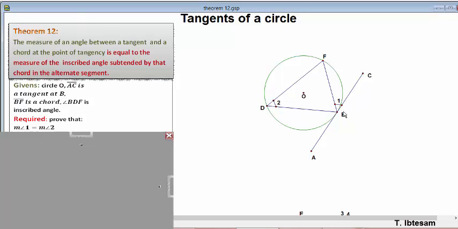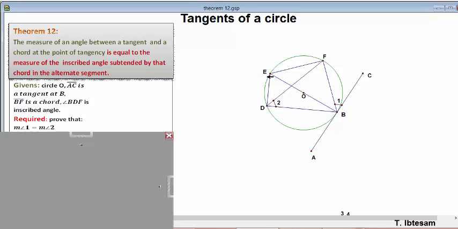What I will do, I will start from B and make a diameter to any point. Here it should pass through the center, and I will join D with this new point, and I will join F with that point. So we need to give it a name, which is E.